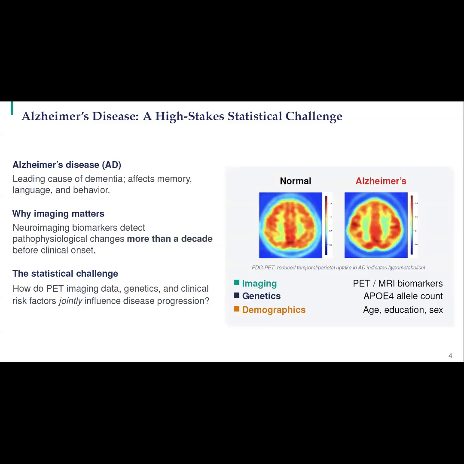So Alzheimer's disease, a leading cause of dementia, affects memory, language, and behavior. Imaging matters because a lot of the structural changes in the disease can be observed in humans, and sometimes we get warning from the images more than a decade before the onset. And here's an example of different images of one particular two-dimensional slice from PET MRI images.